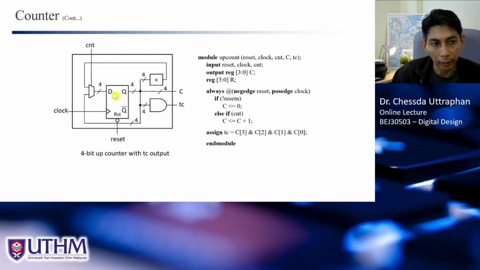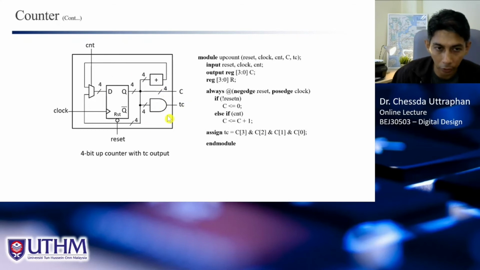If we have a 4-bit counter like this, the maximum output value will be 1, 1, 1, 1. So if it is full already, this signal will be activated because this is an AND gate. If C3 equal to 1, C2 equal to 1, C1 equal to 1, C0 equal to 1, then this signal should be equal to 1, right?